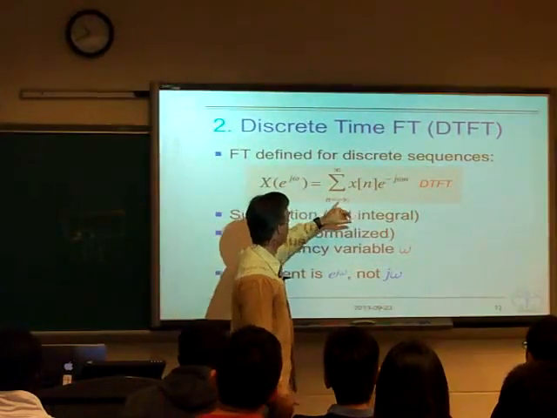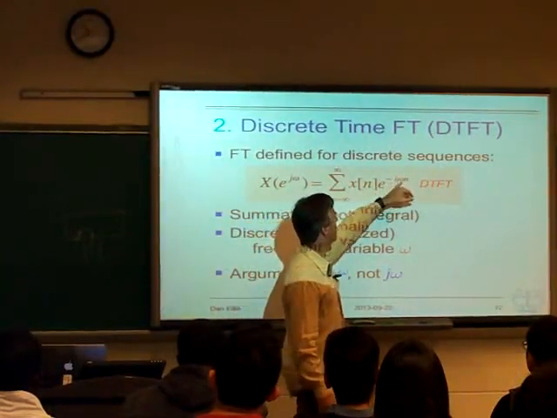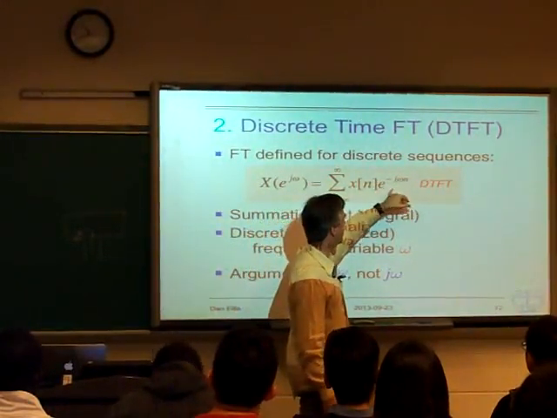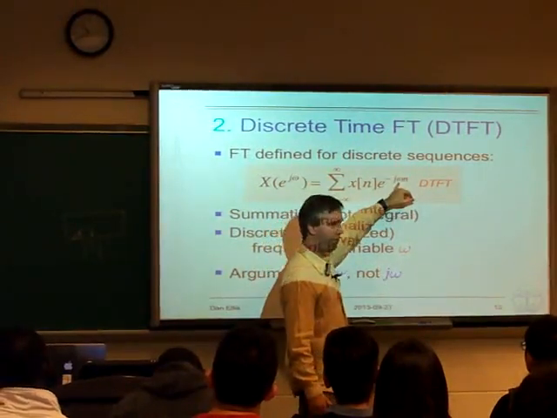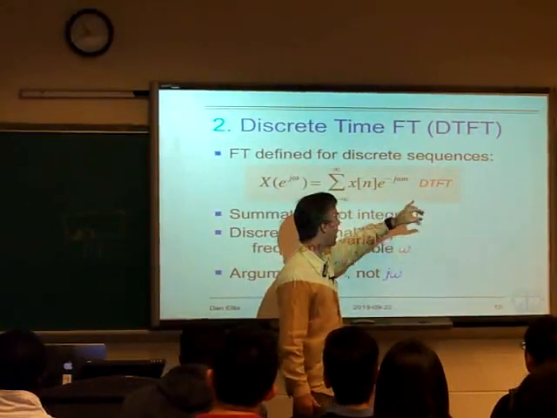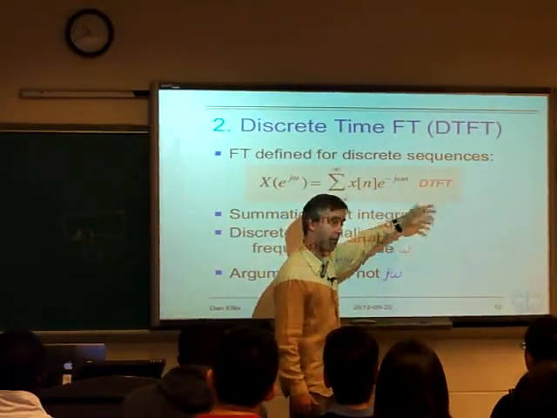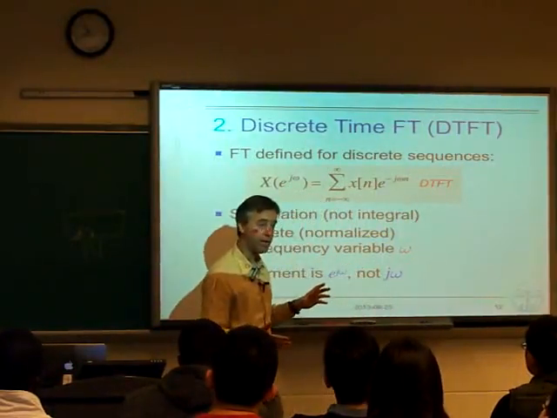So the DTFT is defined as the sum of x of n multiplied against this conjugate complex sinusoid, e to the minus j omega n, where omega is our frequency, but now we're using lowercase omega because it's in a slightly different domain. It's radians per sample rather than radians per second. So there's a sense of normalizing time when we go into discrete time.